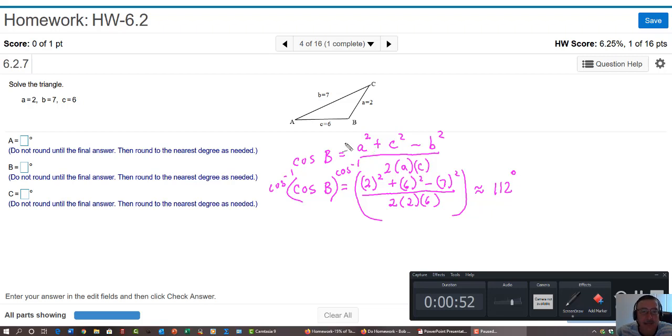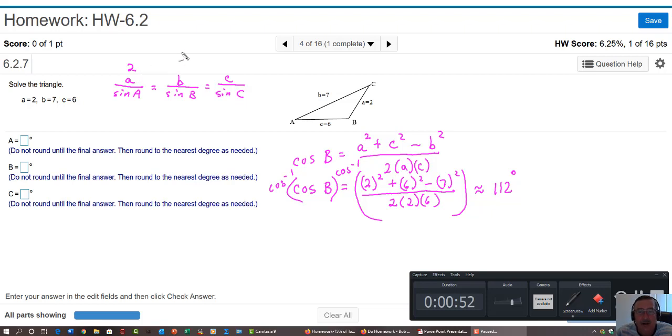And just like in the previous examples, we're going to go ahead and use the law of sines now to get the other angles here. So we're going to say that A over the sine of angle A equals side B over the sine of angle B equals C over the sine of angle C. And we'll go ahead and plug in what we know here.